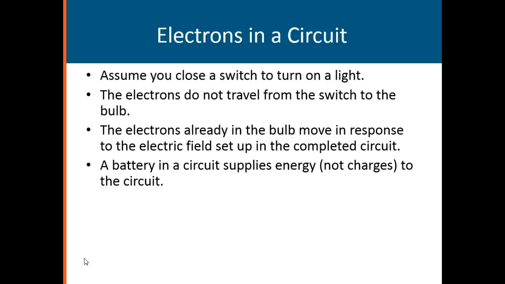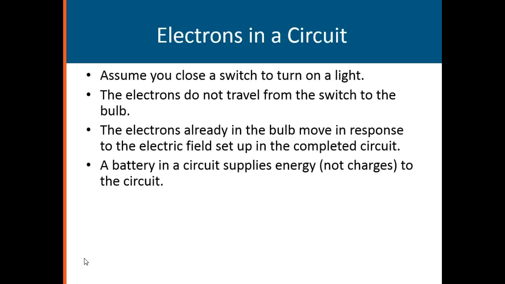So in other words, when you flip the switch, what's happening is the field is set up just about immediately. Field speed is incredibly fast. Electron speed, unbelievably slow. Okay?